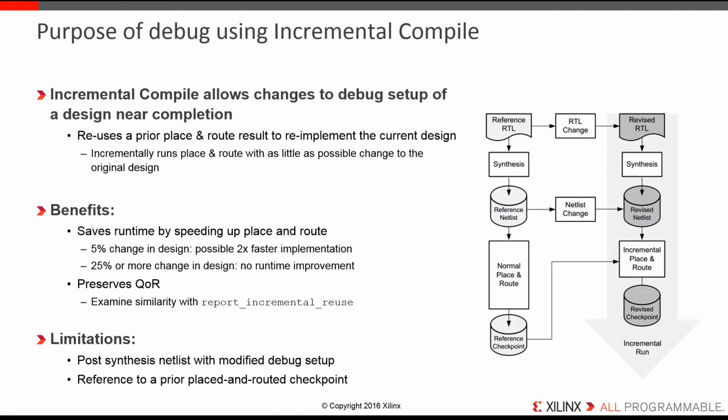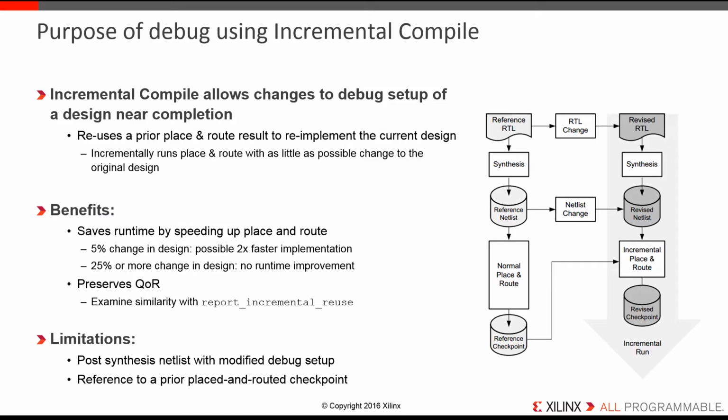Incremental compile is an advanced design flow used for designs that are nearing completion, where only small changes are required. After resynthesizing the design with minor changes, the incremental compile flow can speed up placement and routing by reusing results from a prior design iteration.